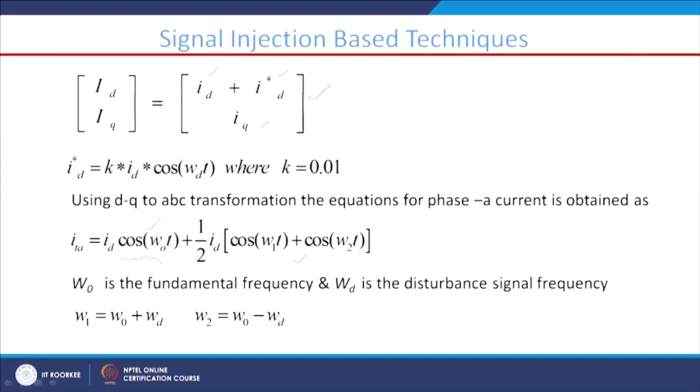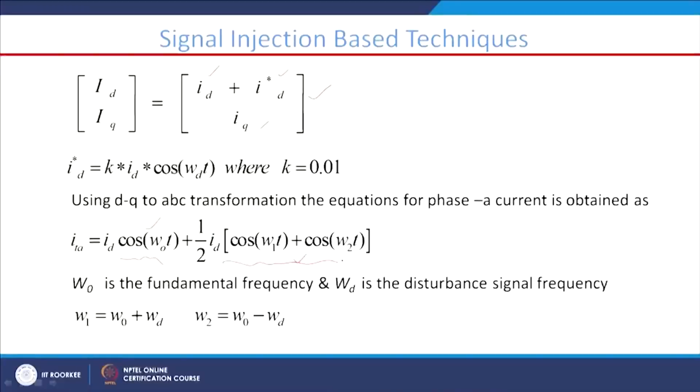The first part is the fundamental component, ID cos omega naught t, and the second part consists of two terms, cos omega 1 t and cos omega 2 t.